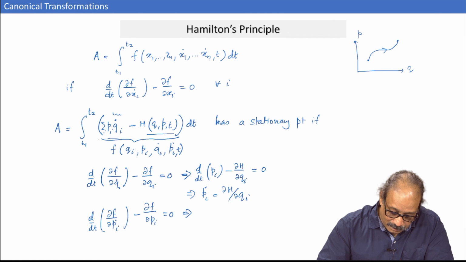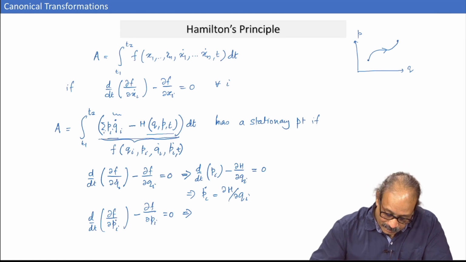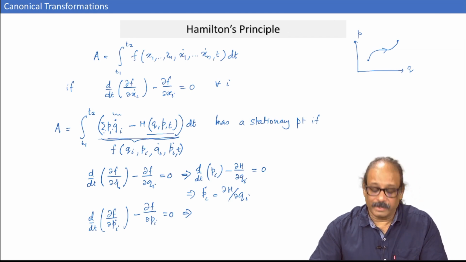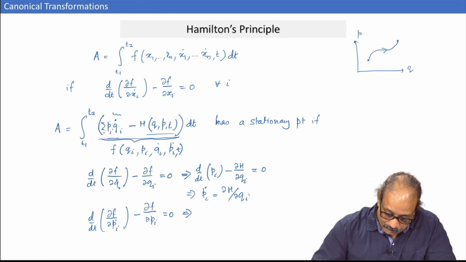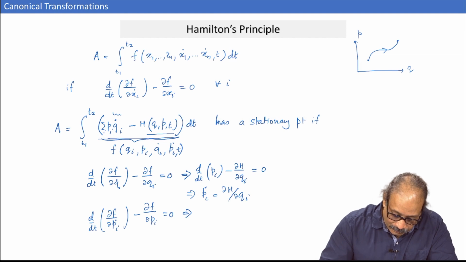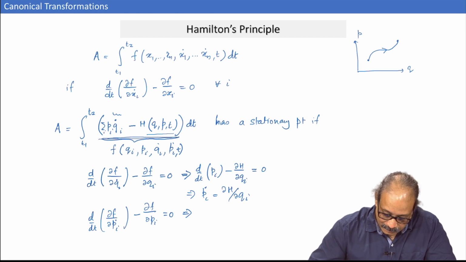So, there is no p I dot in this, which means del f over del p I must be equal to 0. So when you take a derivative of this with respect to p, I get q I dot minus del h by del p I is equal to 0.